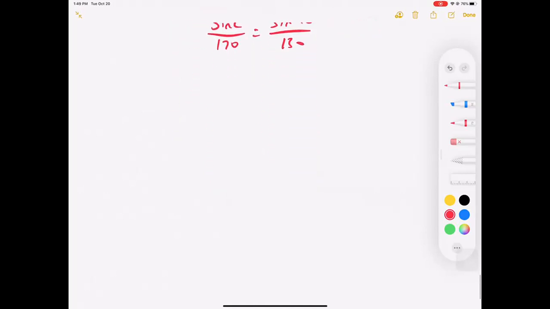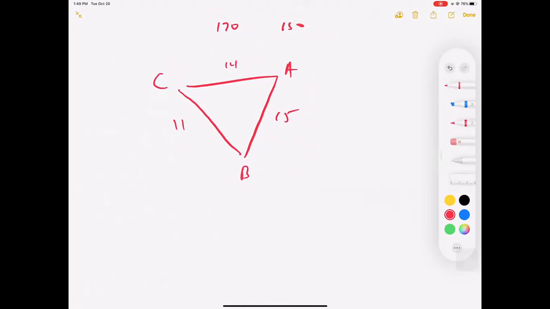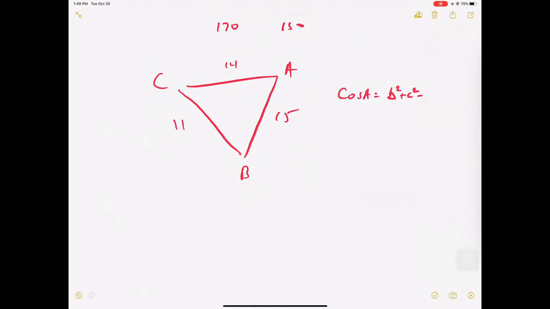So one example I have is 11, 15, 14, A, B, C. Now for this problem, you notice I have no angle, so there's no angle side pair. So this has to be law of cosines. Cosine of A is equal to B squared plus C squared minus A squared all over 2BC.